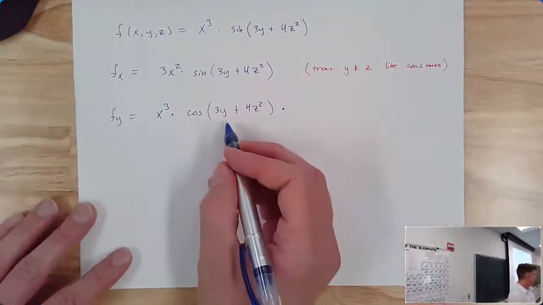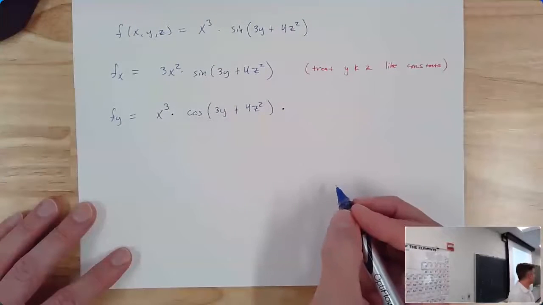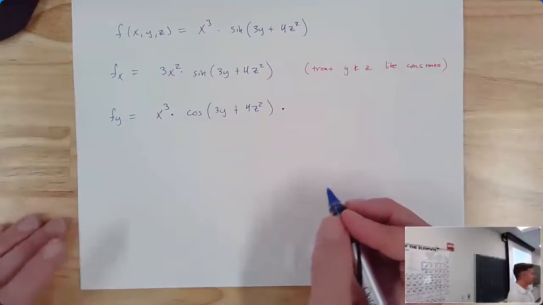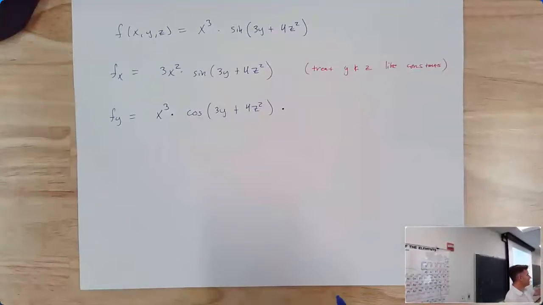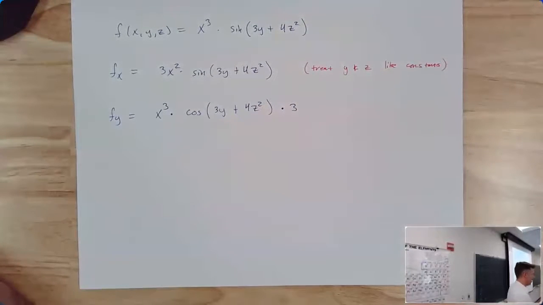What's the derivative of 3y? What's the derivative of 4z squared? Oh, you're so close. If I was differentiating with respect to z, that would be totally correct. But since we're differentiating with respect to y, be careful there. We're still thinking about y being the variable and everything else being a constant. Okay.